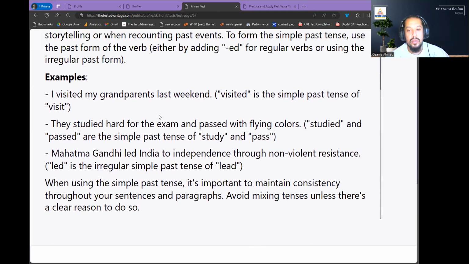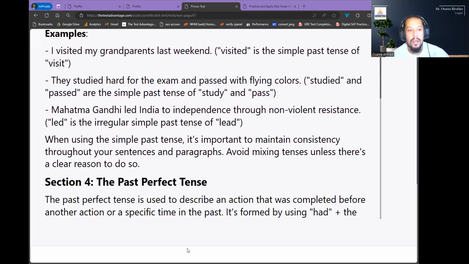And here's some examples, right? I visited my parents. They studied hard for the exam and passed with flying colors. Mahatma Gandhi led India through nonviolent resistance. So when using past tense, it's also very important to maintain consistency.